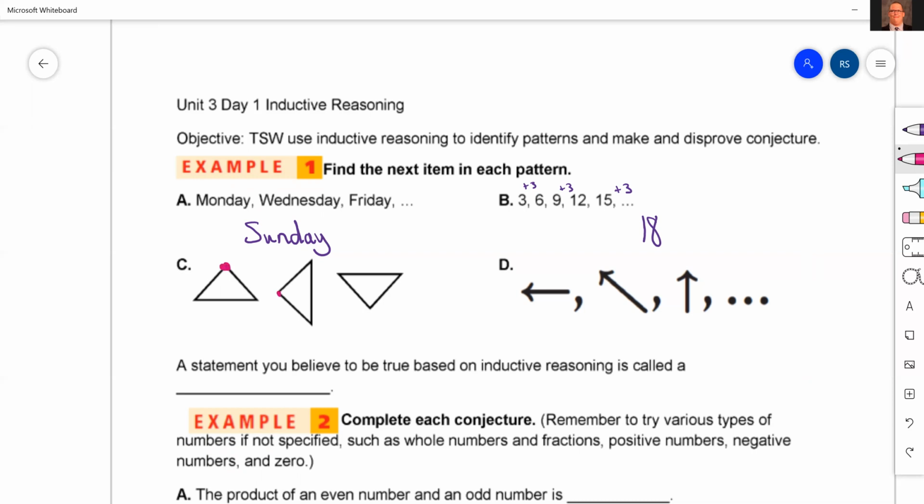So it goes to the left, then to the bottom. So now it needs to be on the side. Top, left, bottom, side. We're just rotating this triangle around.